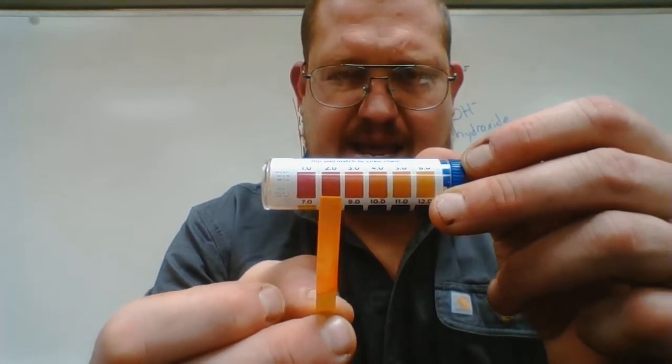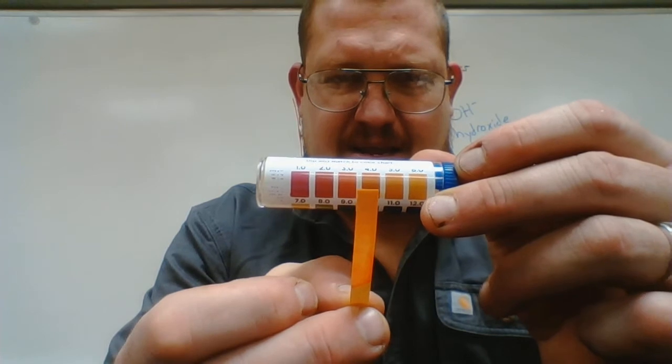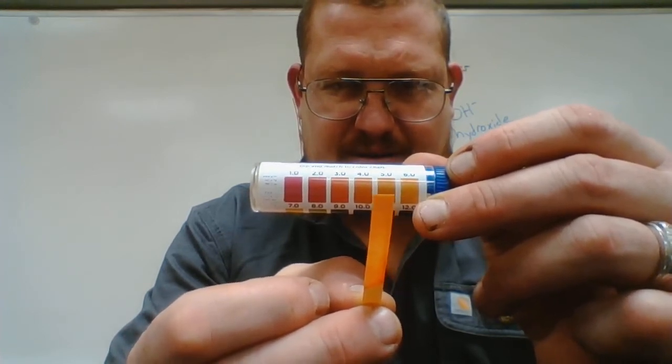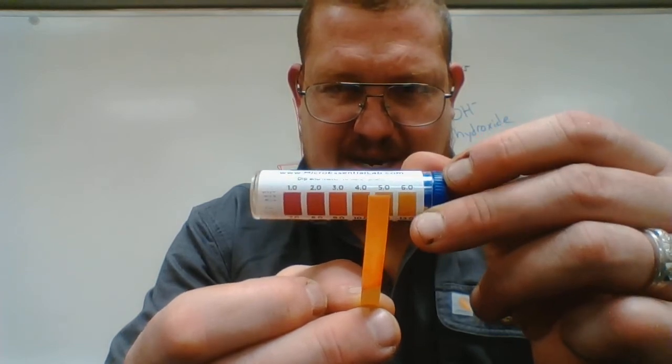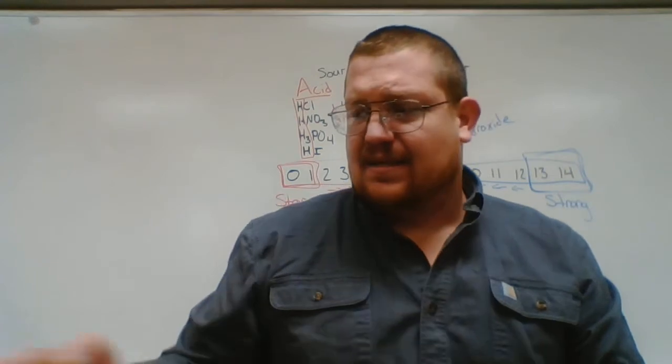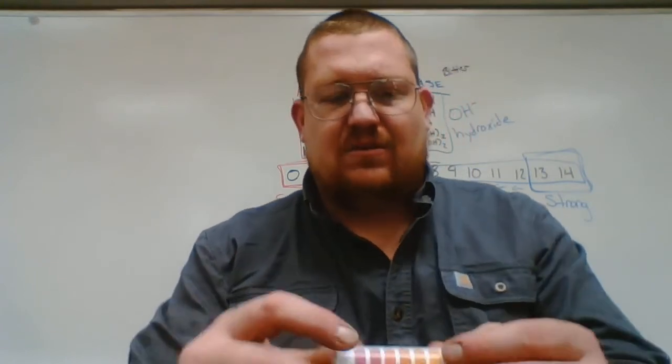It's lighter than that, lighter than that. Right here? Looking at the camera, it's hard to see. This is a pH of 5. So this is a much weaker acid than the hydrochloric acid. Hydrochloric acid had a pH of 1, closer to strong. This one had a pH of there.